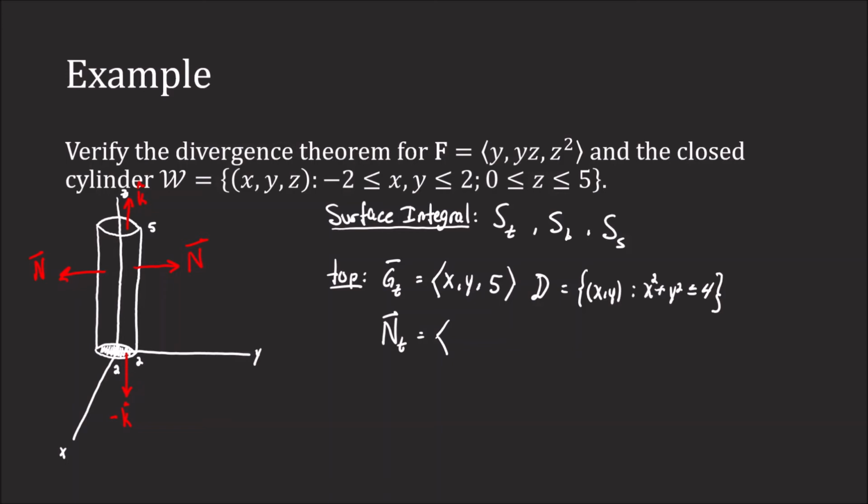It's going to be partial x, so 1, 0, 0, crossed with partial y. This will give us, as expected, k hat, 0, 0, 1.